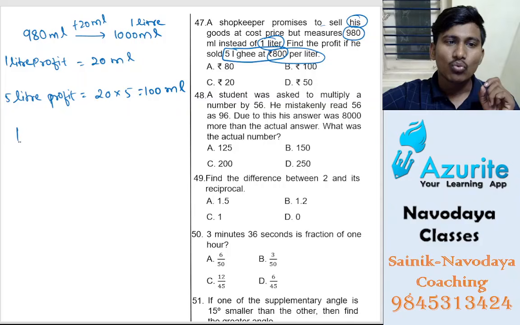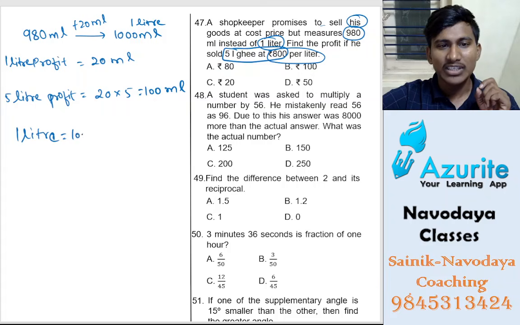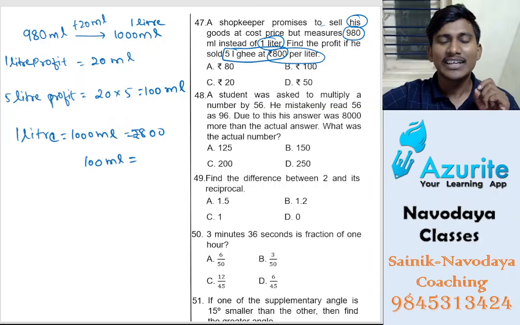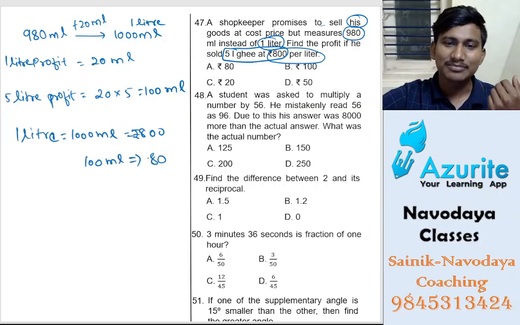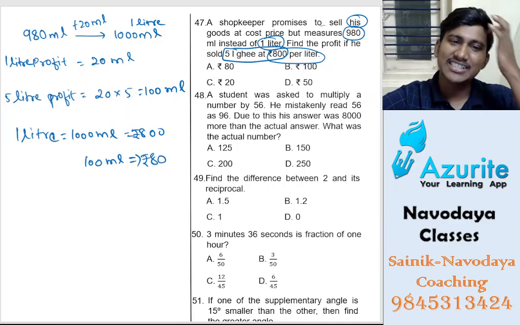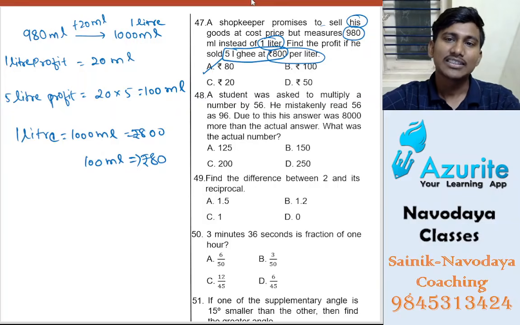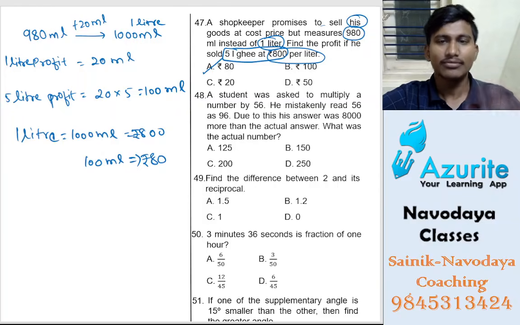That is 1000 ml is 800 rupees, right? So 100 ml will be how much? 100 ml will be 80 rupees, right? 80 rupees is the answer here. Okay?